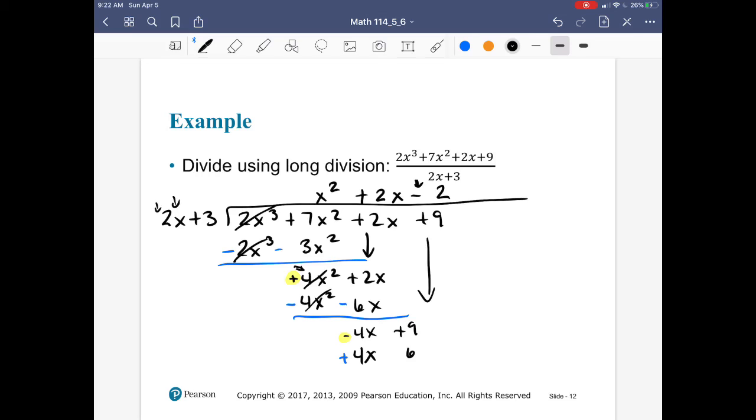A negative times a positive is a negative. We change the sign, so that's a positive. These two cancel. 9 plus 6 is 15. So we're done with this. Our answer for this problem is, I'm just making it look a little bit better, x squared plus 2x minus 2 plus 15 over 2x plus 3.